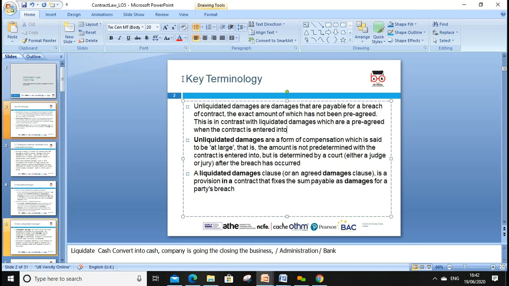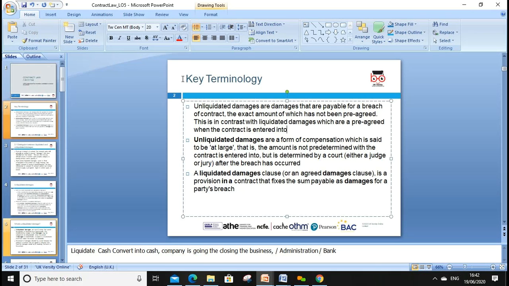Unliquidated damages are a form of compensation said to be at large, that is, the amount is not predetermined. So it is not predetermined but can lead to damages, like PPI, payment protection insurance. You are buying it, we are selling it, but we do not really explain why PPI.